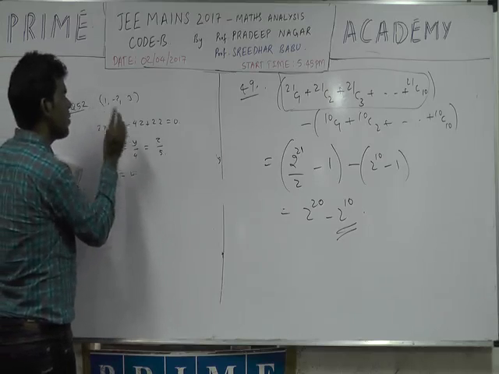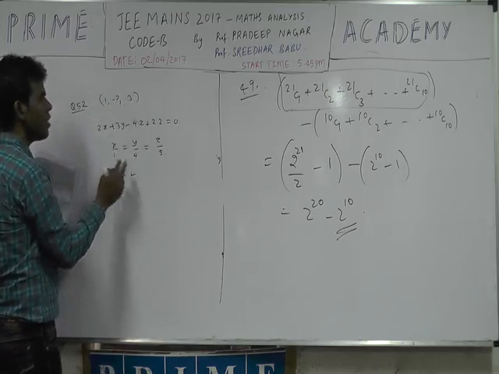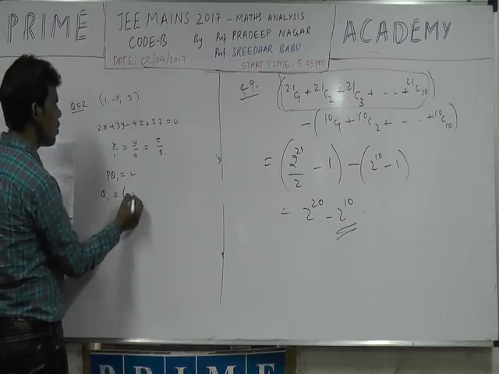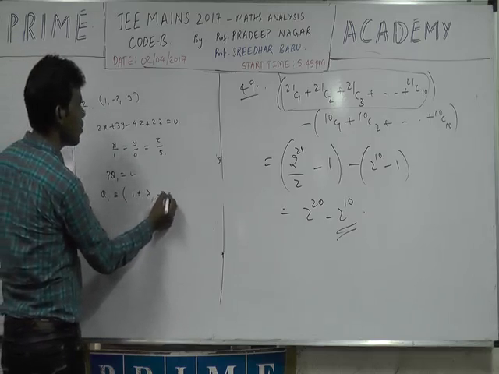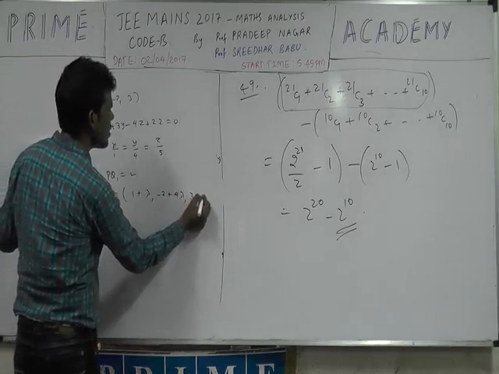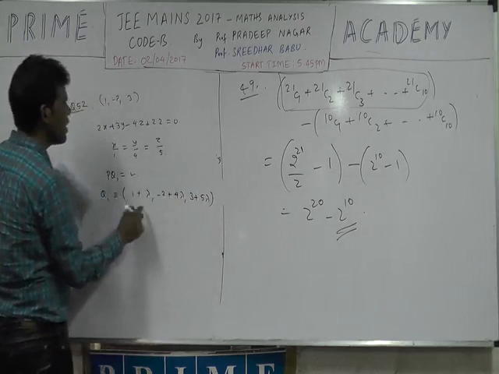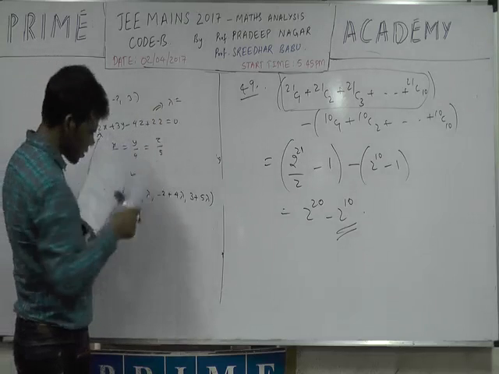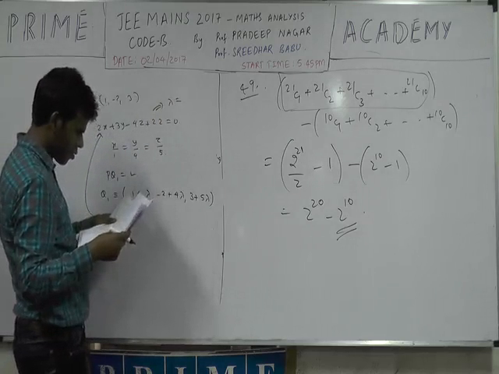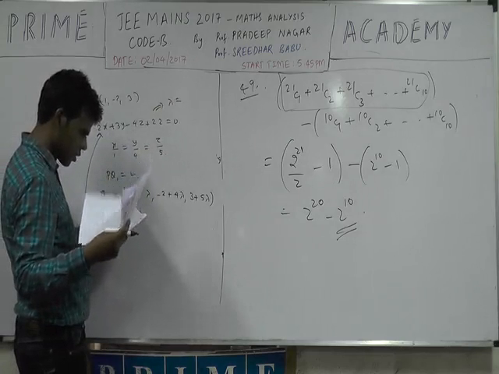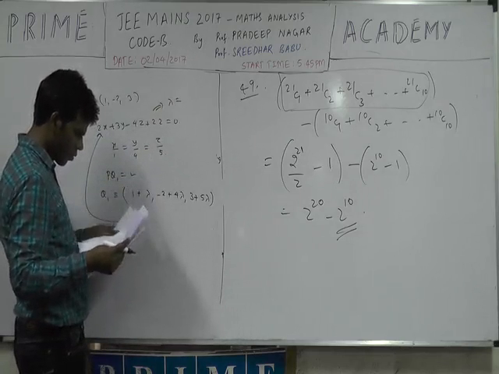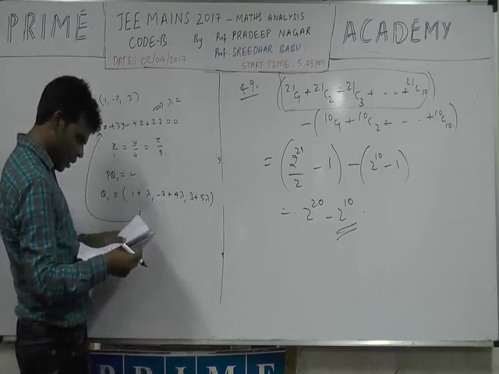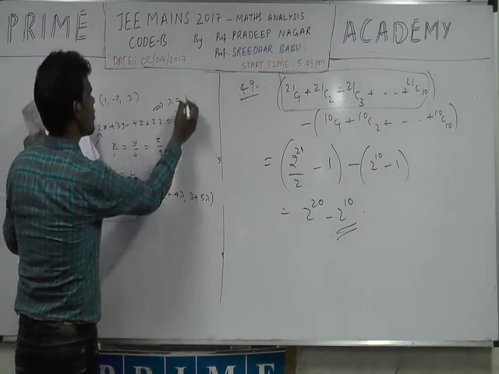Any point on the line passing through this point parallel to this line is given by 1 plus lambda, minus 2 plus 4 lambda, 3 plus 5 lambda. This point is lying in the plane. By putting this in, you will get that the value of lambda is 1.